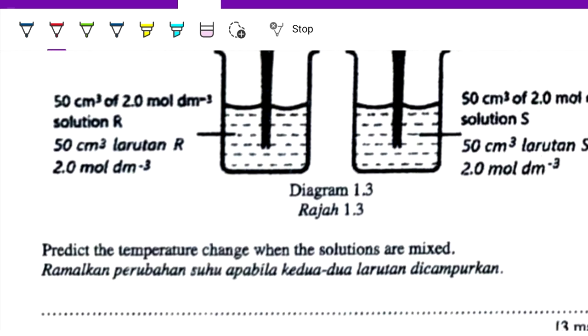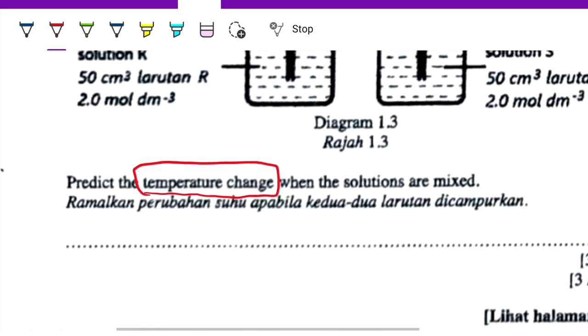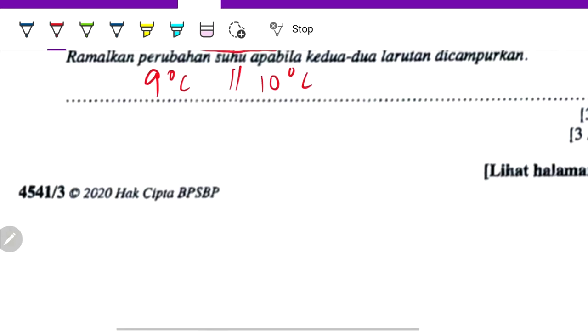Predict the temperature change for the two solutions when they mix. Just now the strong acid with the weak alkali gave roughly 11, so here we can put a bit lower. Let's say we put 9 degrees Celsius or 10 degrees Celsius.